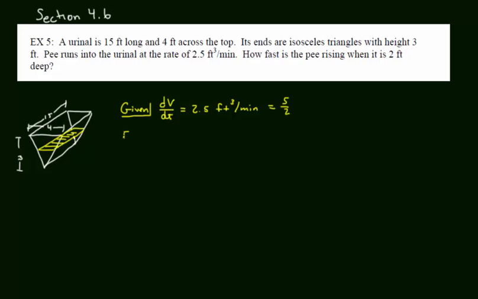Next, we want to determine what we want to find. And we want to find dh dt, the rate at which the height is changing. And we want to find that when the pee is 2 feet deep. Ew. So now we want the relationship.